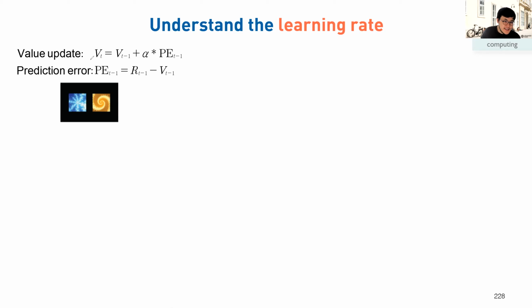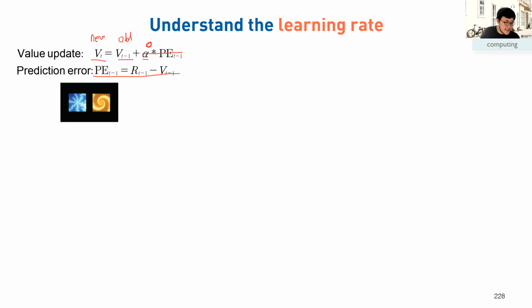So let's say this is the new value, and this is the old value. If the learning rate equals 0, then the old one and the new one will be the same. So there's no update. Whatever you observe, because you have a learning rate of 0, nothing will change.